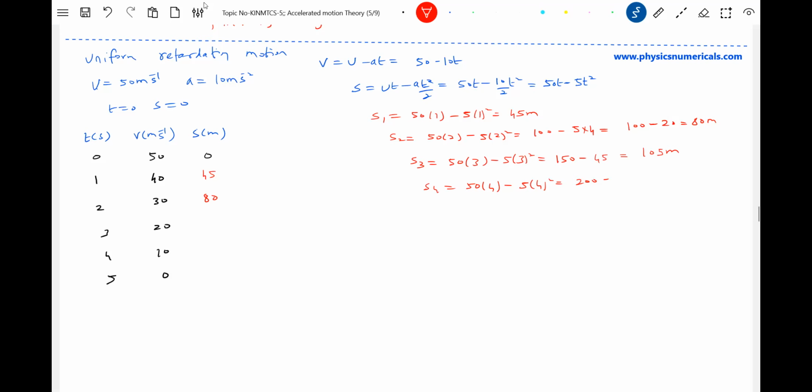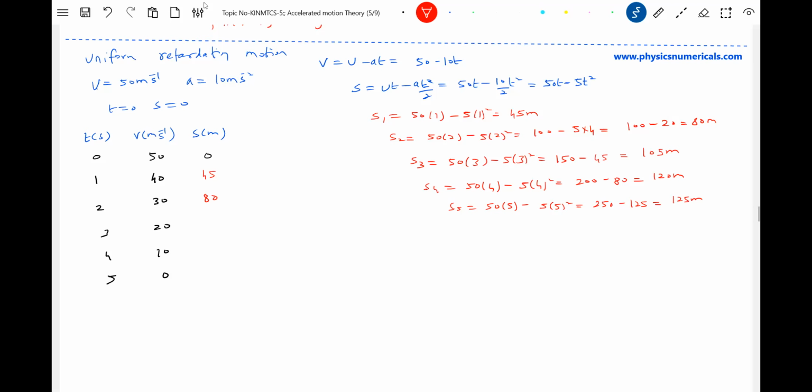Then 200 minus 80, it will be 120 meters. 250 minus 125.